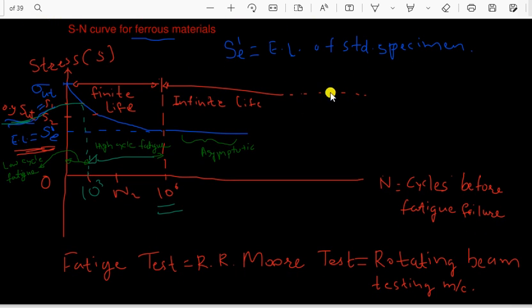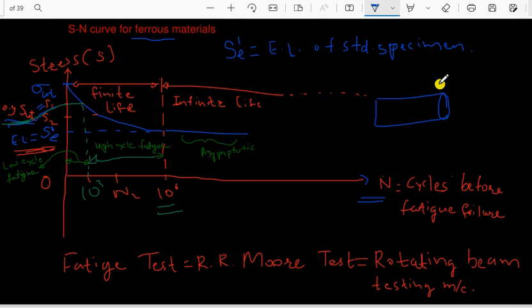Now the S-N curve. The y-axis denotes stress, denoted by S, and on the x-axis I have put the number of cycles which a component can give for a particular stress value. That means how much number of cycles. Let us say this is our component, a circular shaft, and a particular stress or load is applied on this shaft, and how many times it will rotate.